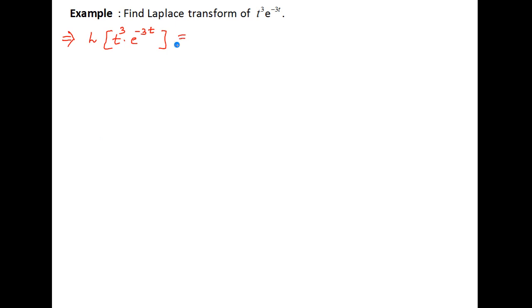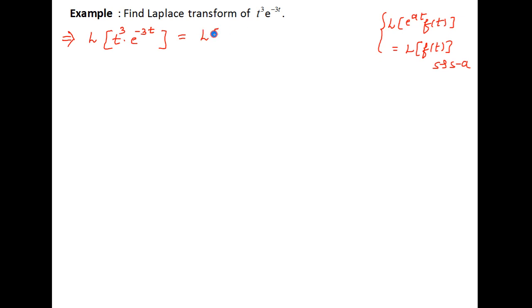Now by first shifting property, we know the property Laplace of e to the power at into f of t is Laplace of f of t, and here we have to replace s by s minus a. So we can use this property here because the exponential term is multiplied to the function.